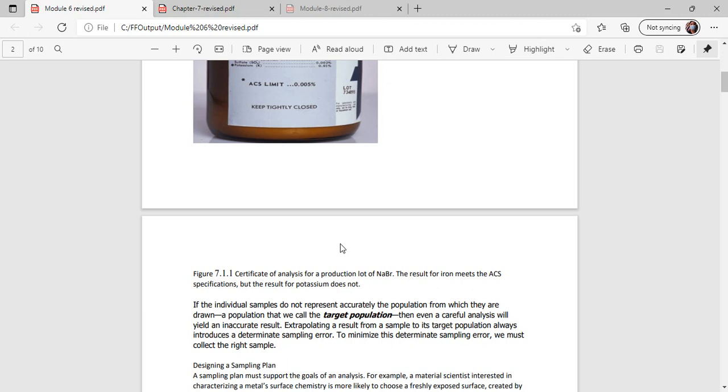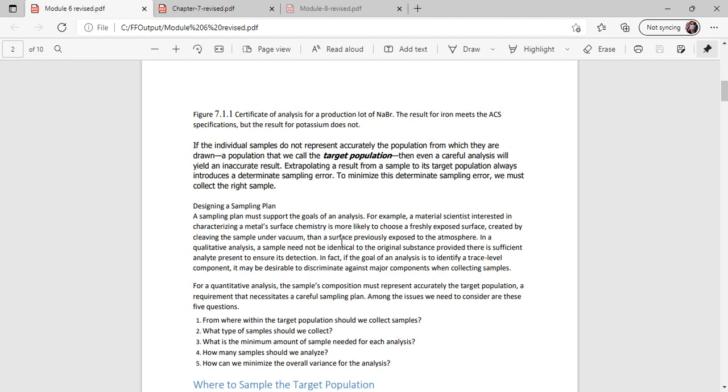Extrapolating a result from a sample to its target population always introduces a determinate sampling error. To minimize this determinate sampling error, we must collect the right sample. In designing a sampling plan, para mag-minimize ang imo nga sampling error.